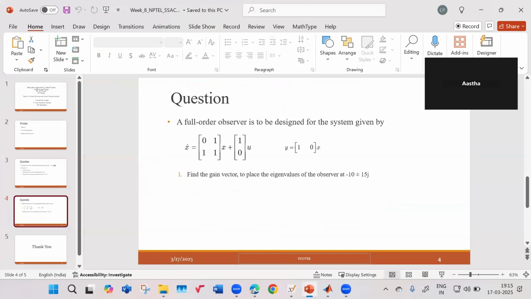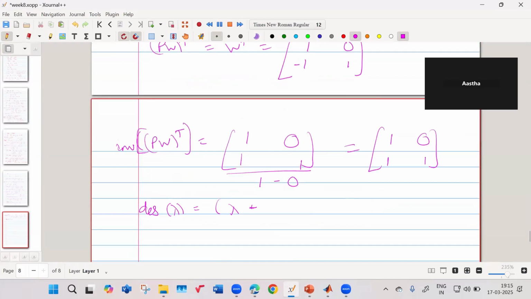So lambda plus 10 plus 15j into lambda plus 10 minus 15j. So that is lambda plus 10 the whole square plus 15 the whole square. So that is lambda square plus 20 lambda plus 100 plus 15 square, which is 225.